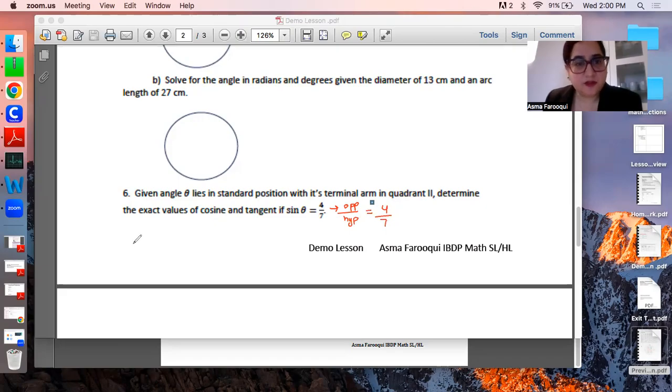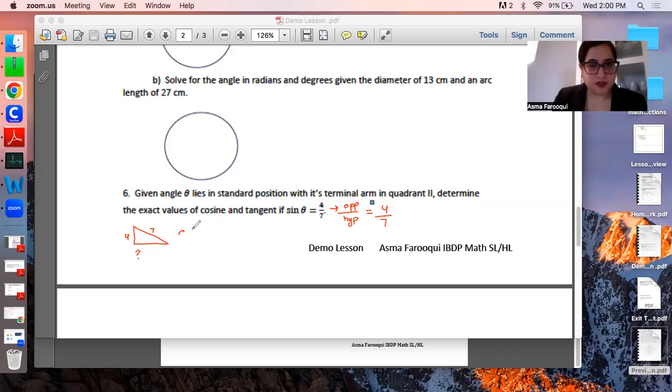So if we have a right angle triangle like this, this side is 4, this is 7, and we need to find the side. Using Pythagoras theorem, you can find the side, which will be your adjacent side.